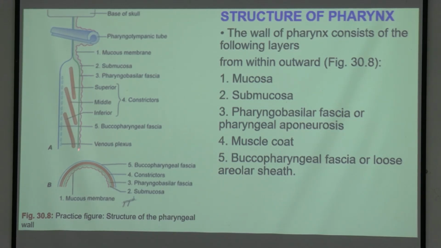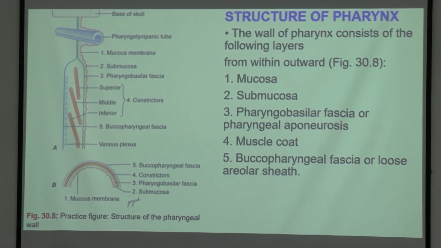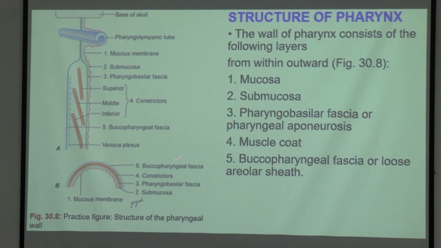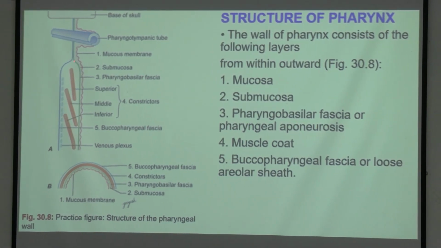Then we get one layer which is continued up to the base of the skull, called the pharyngobasilar fascia. It is continued up to the basilar part of the occipital bone. One fibrous layer is continued, that is the pharyngobasilar fascia.